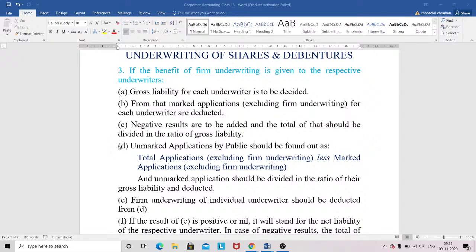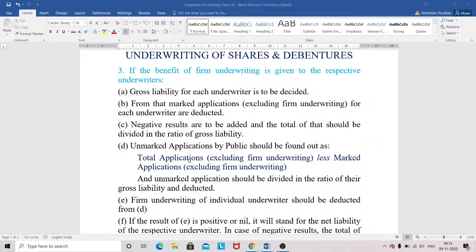Now this point number D is very important. Here the unmarked application by public should be found out earlier, it will be better. If you find this before entering into the schedule of workings, if you calculate the unmarked application beforehand it will be better.